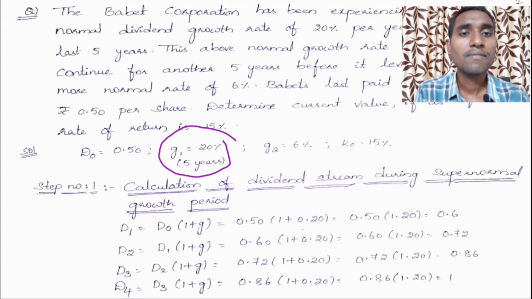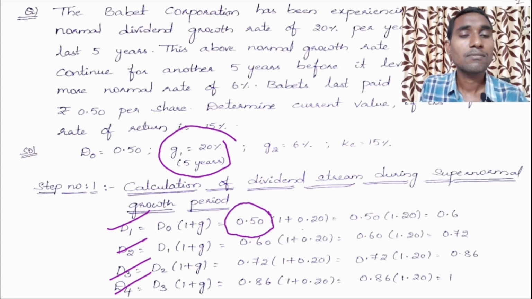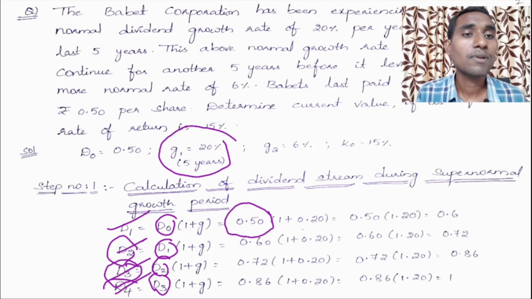So D1, D2, D3, D4 and D5 on the next page. I take D0 as the base for finding D1. For finding D2, I need to find D1 and then take D1 as base. For D3, D2 will become base. For D4, D3 will become base. For D5, D4 will become base.